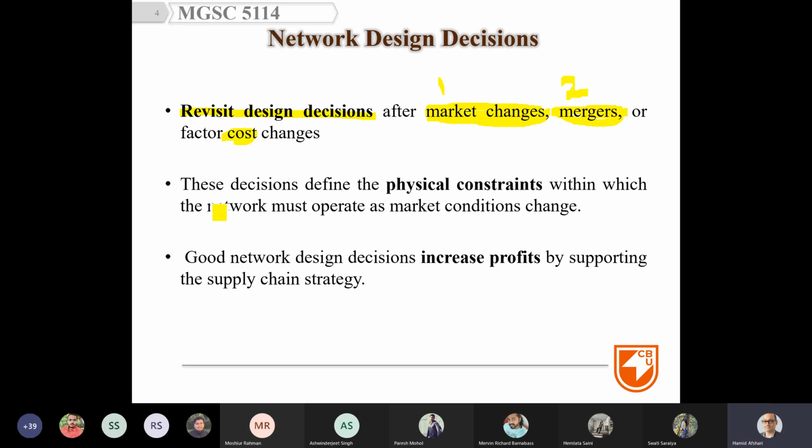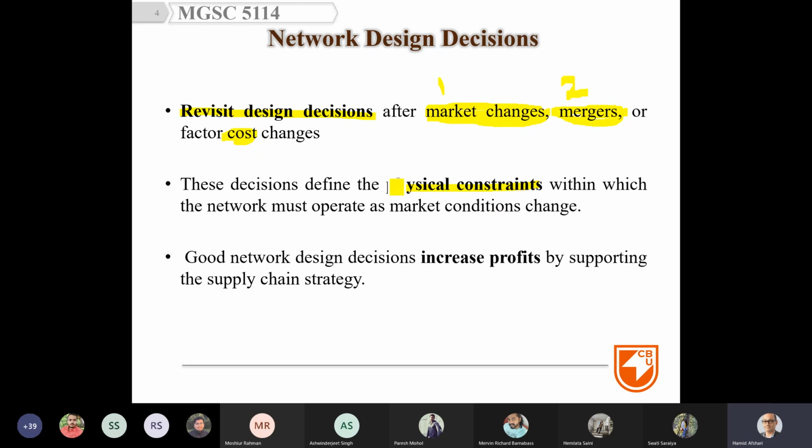So that's the time to change your decisions. These are only 3 examples. Definitely, there are more reasons for revisiting your design decisions, but these are 3 examples. The decisions define the physical constraints within which the network must operate as market conditions change.